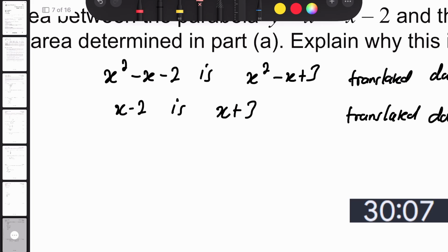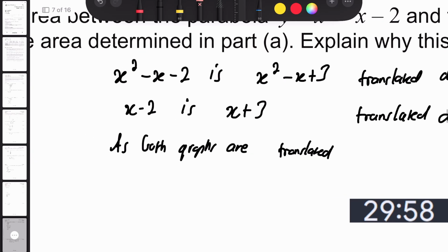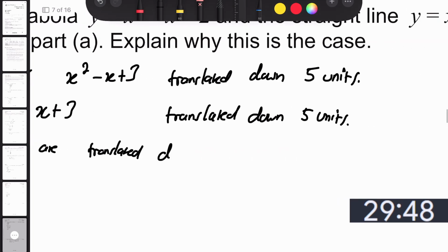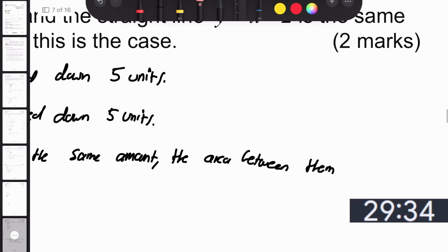As both graphs are translated, or maybe not graphs, I should say functions, translated down by the same amount, the area between them doesn't change.